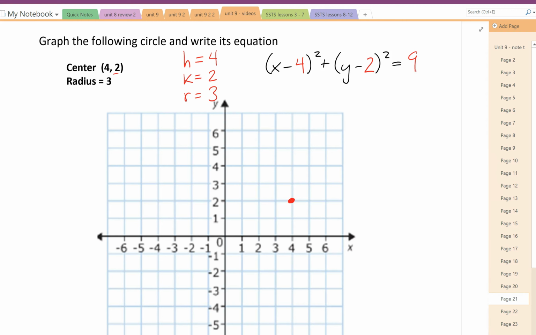What would that circle look like? Well, I already know where its center is. The only other thing I really need to graph the circle is its radius, which I happen to know is 3. And so I'm just going to make a few points that are 3 units away from the center of the circle. I could either sketch it in like this, which would not look great, or I could sort of cheat and actually draw it in this way.